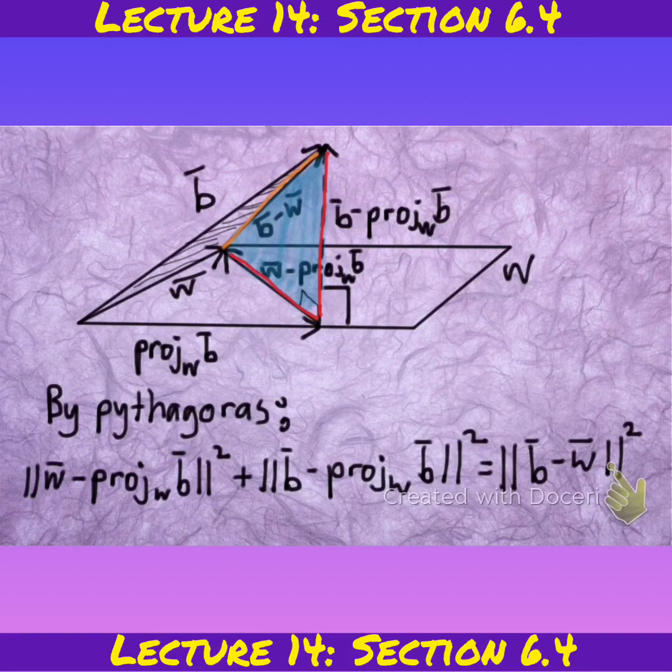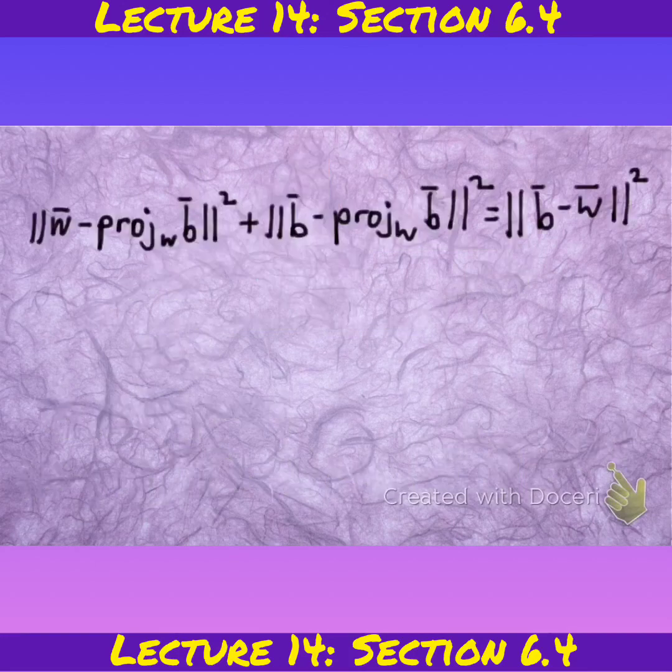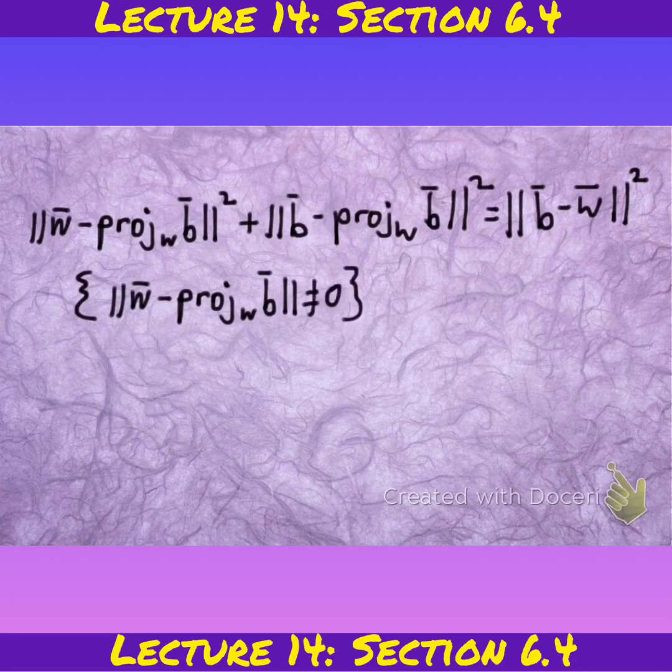Now look at this vector here. We said initially that w is a vector different from that vector there. So obviously, the norm of this vector here is not going to be 0.